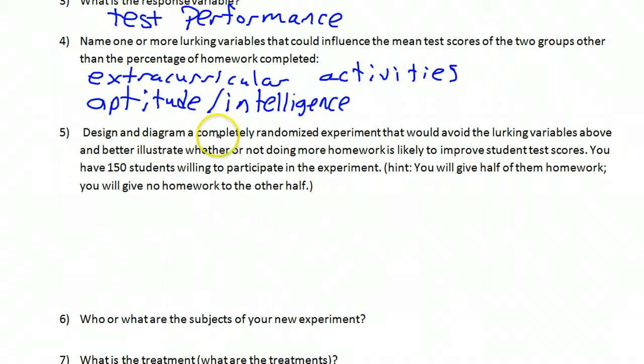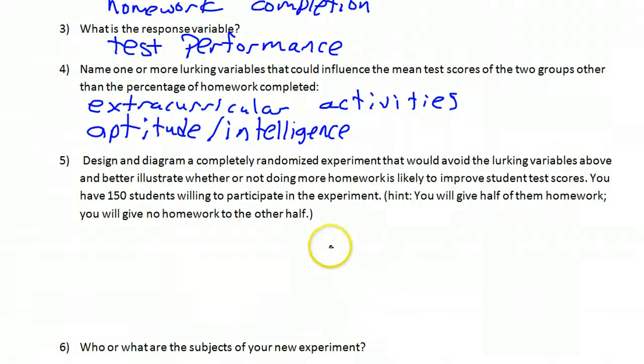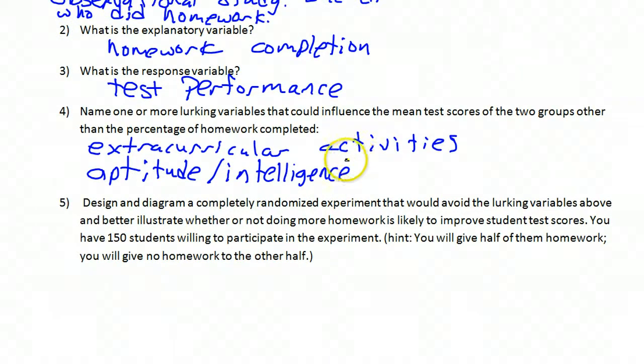Design and diagram a completely randomized experiment that would avoid the lurking variables above and better illustrate whether or not doing more homework is likely to improve student test scores. Okay? The problem is that she put together a group of kids with low homework and then a group of kids with high homework.